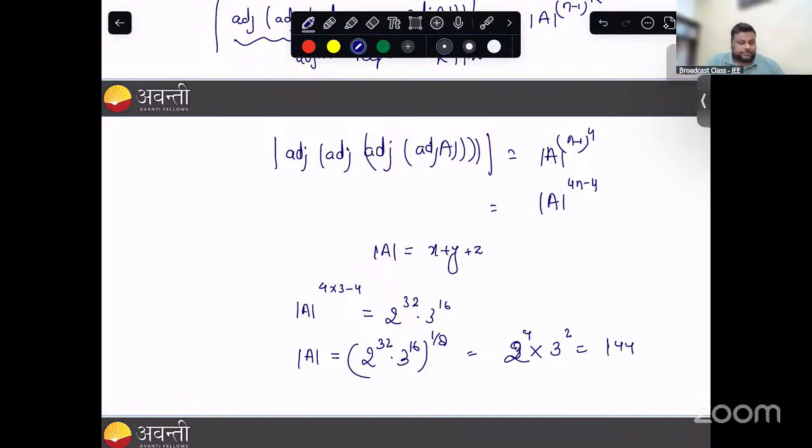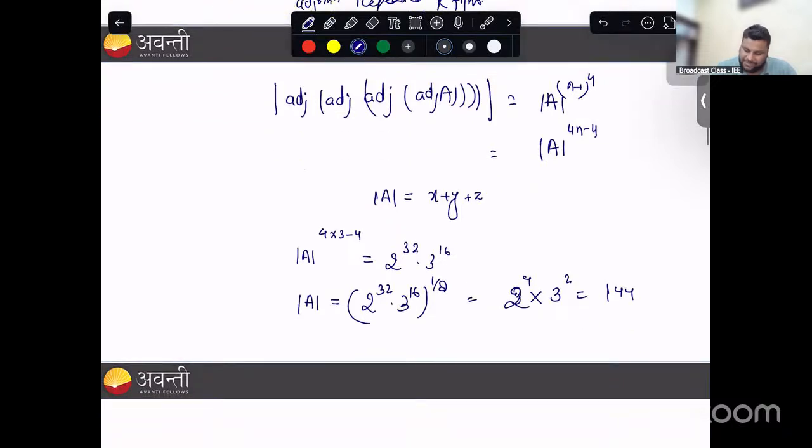Am I correct? So that simply means x plus y plus z equals 144.